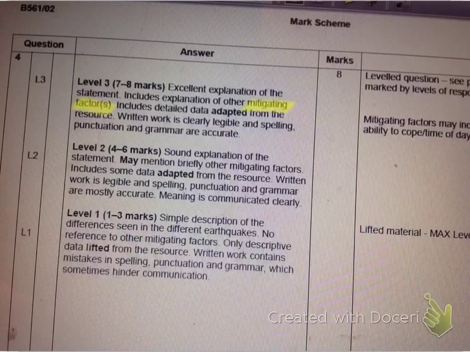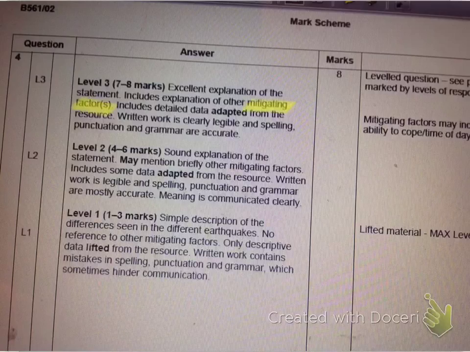So if you talked about things like wealth being a mitigating factor, time of day being a mitigating factor, response times, shanty towns, all of those different things that a number of you mentioned in your papers. Something that you've taken that little bit further to help you get up into that level 3 answer.